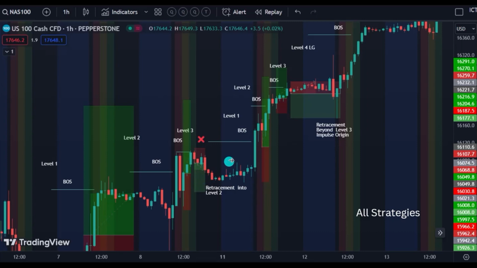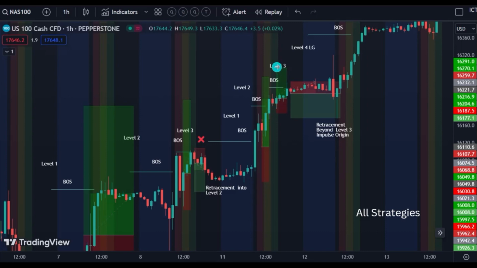Again, level 1 is created. Price retraces to 50%. You get your entry and you get your 2-to-1. At level 2, a fair value gap is created. Price goes into that fair value gap, closes outside of it. You enter, put your stop loss beyond the fair value gap, and you get your 2-to-1.